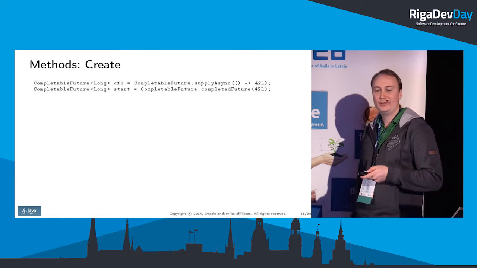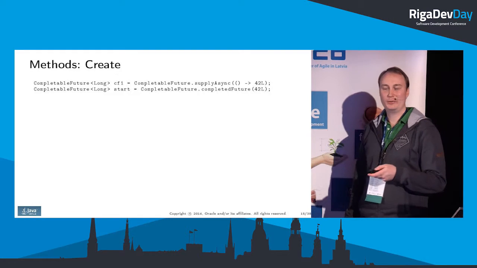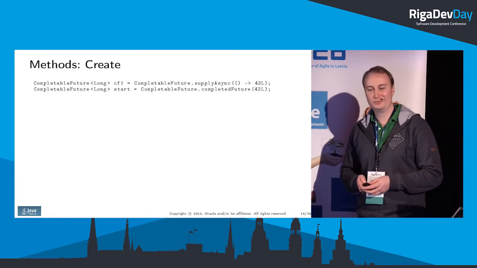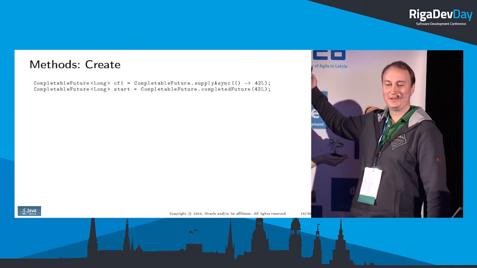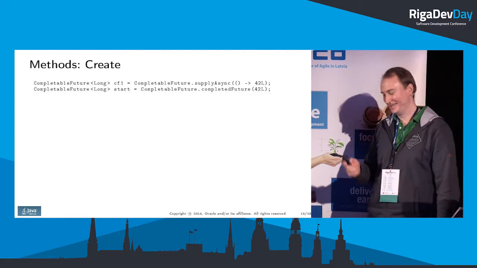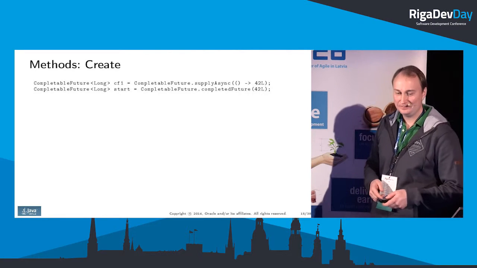And another one is just some utility completable future that contains already pre-calculated 42 value. Oh, this is concurrency, this is hard. This is complex. I already know. All right.